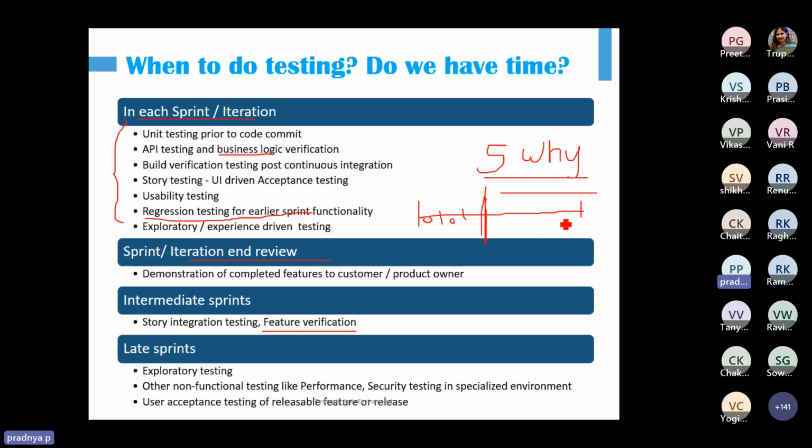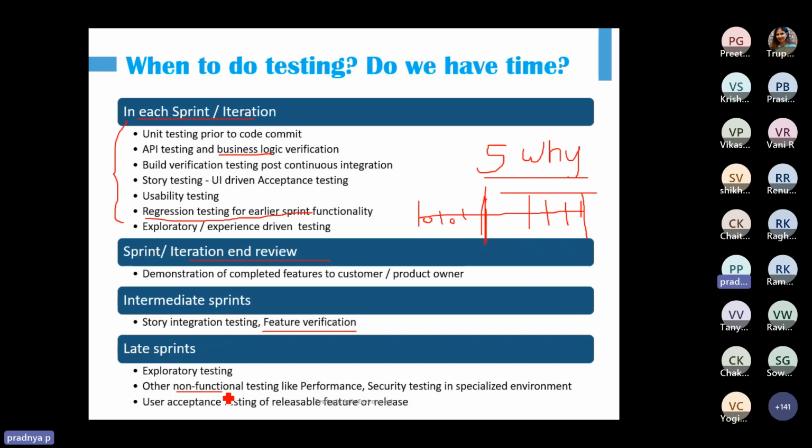And then as we move ahead, as we reach near our release dates, the last sprints, maybe the last 2 or 3 sprints, our entire system, which we are going to deploy as part of the release, is almost ready, right? Now here we can give a lot of focus to non-functional testing also: performance testing, security testing, compatibility testing, usability testing, and also the user acceptance testing of the features that are going to get released in that particular release.